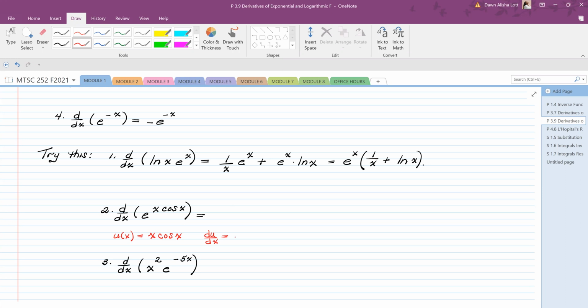So that's the derivative of the first times the second plus the first times the derivative of the second. So now I just say that the derivative of e^u is e^u, but I have to multiply by du/dx.